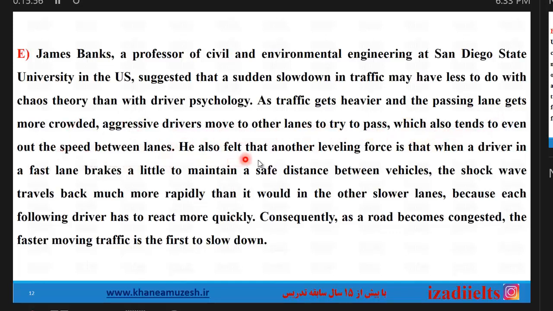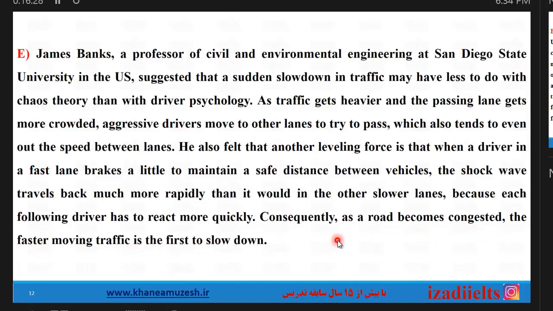He also felt that another leveling force is that when a driver in a fast lane brakes a little to maintain a safe distance between vehicles, the shock wave travels back much more rapidly than it would in the other slower lanes, because each following driver has to react more quickly. Consequently, as a road becomes congested, the faster moving traffic is the first to slow down.